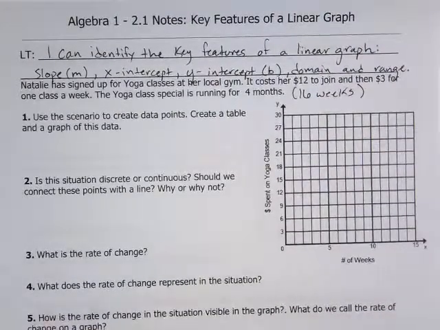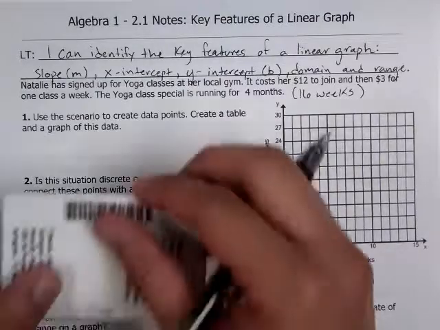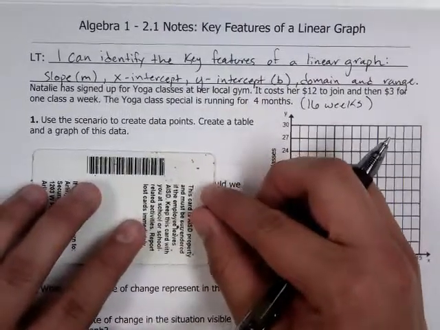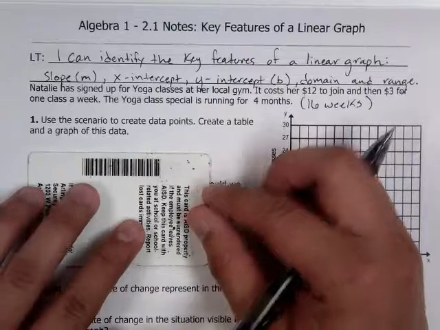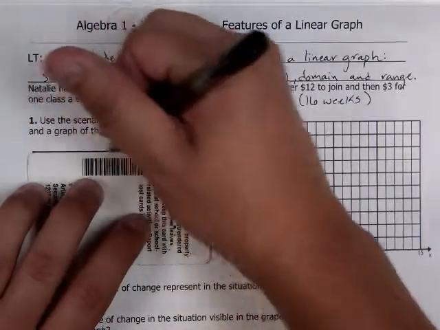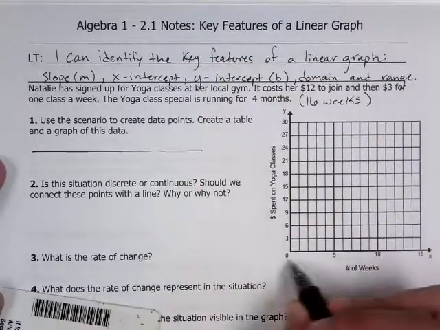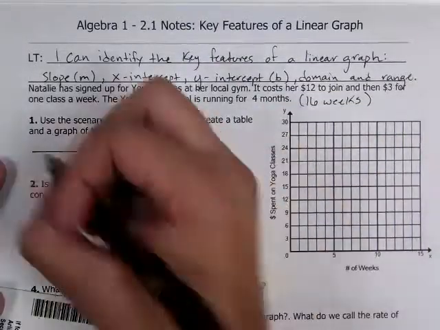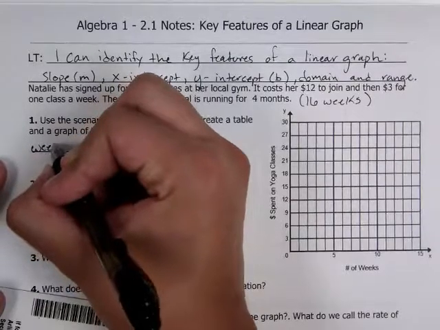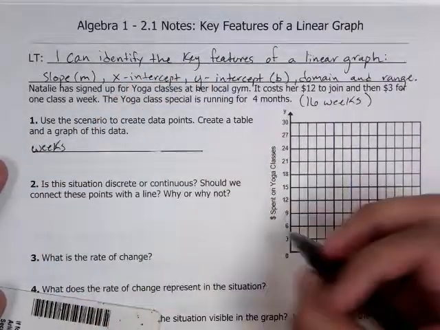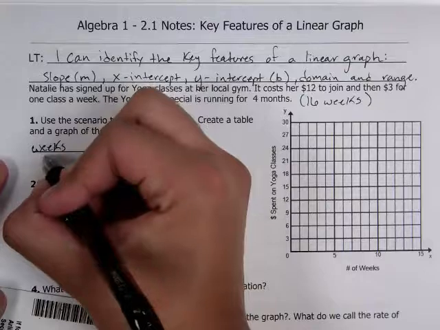Now the first thing that we were asked to do was to create a table. So let's go ahead and do that. Grab your straight edge and create a table for your x and y values. My x's are weeks. My y is money.